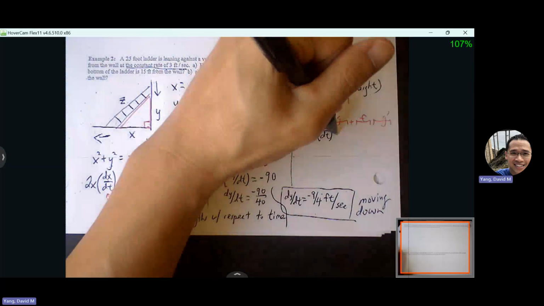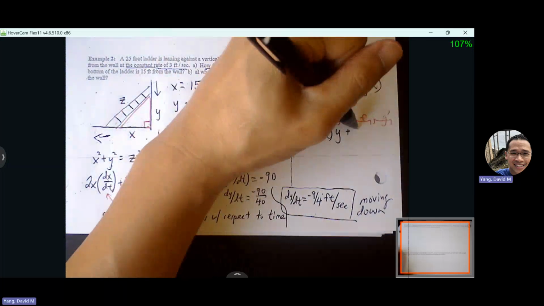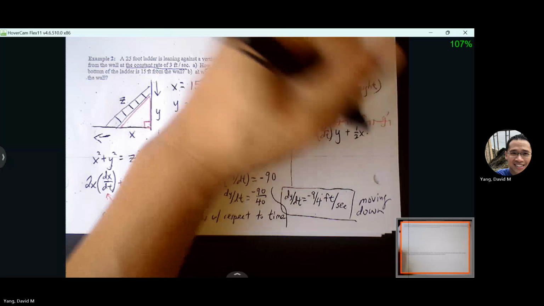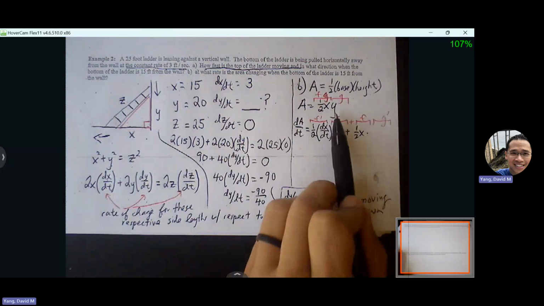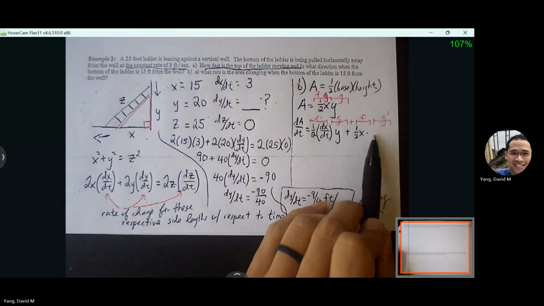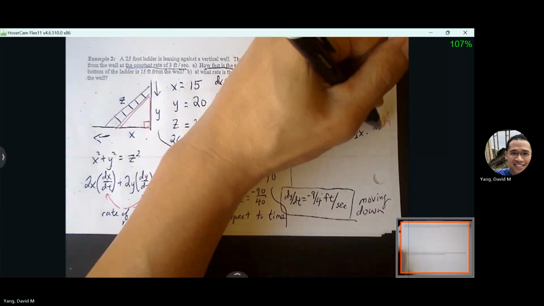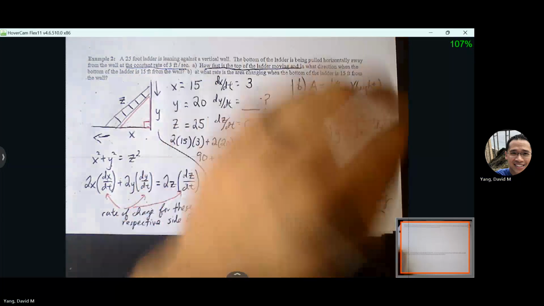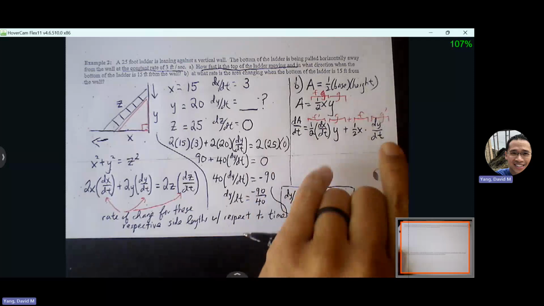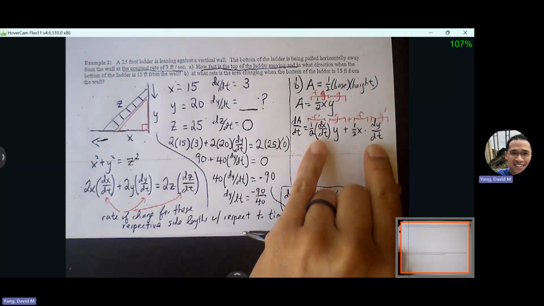Okay, g doesn't change. F doesn't change. Now what's g prime? What does y turn into? dy over dt. Yeah. Any questions about how we built the derivative using product rule?